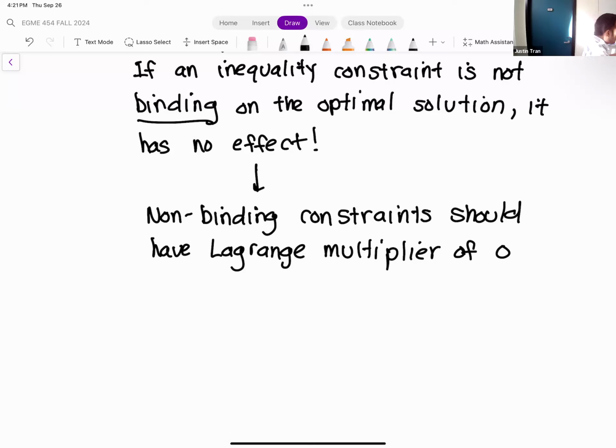This idea of using the Lagrange multipliers to sort different constraints as either binding or non-binding is central to what's called the Kuhn-Tucker conditions.